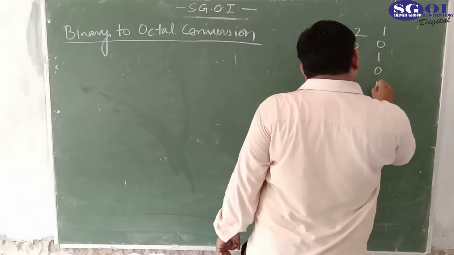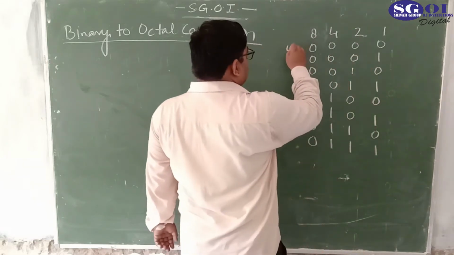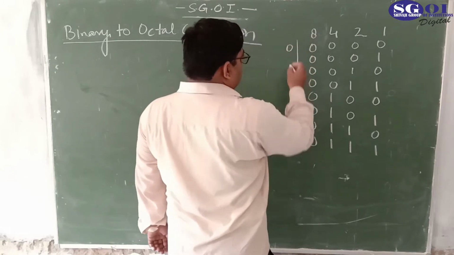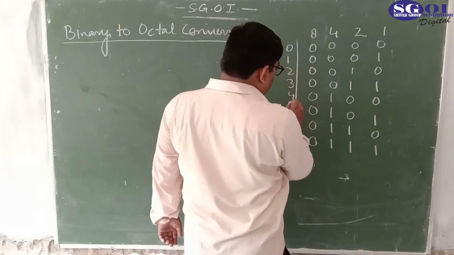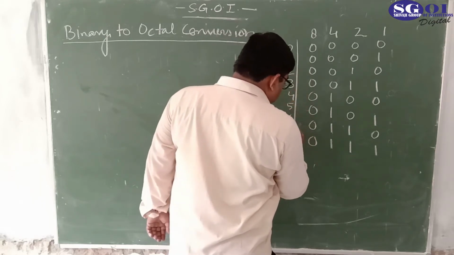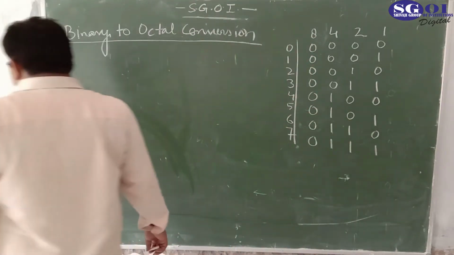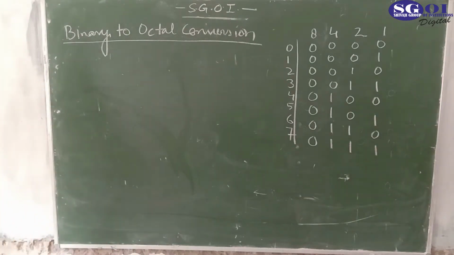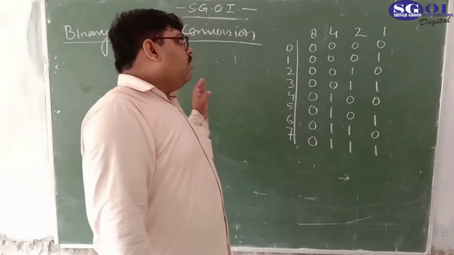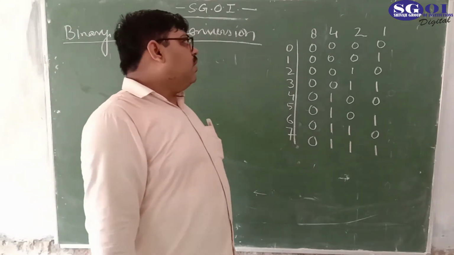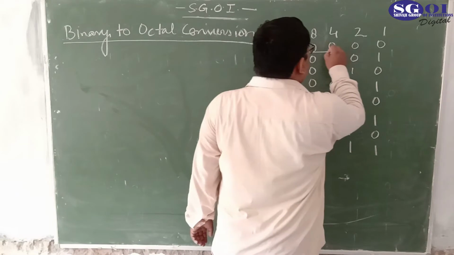So we write here 0 1 2 3 4 5 6 7. In octal only the numbers 0 to 7 are used. Firstly we make a table with the help of 8421, which shows the binary value of numbers.